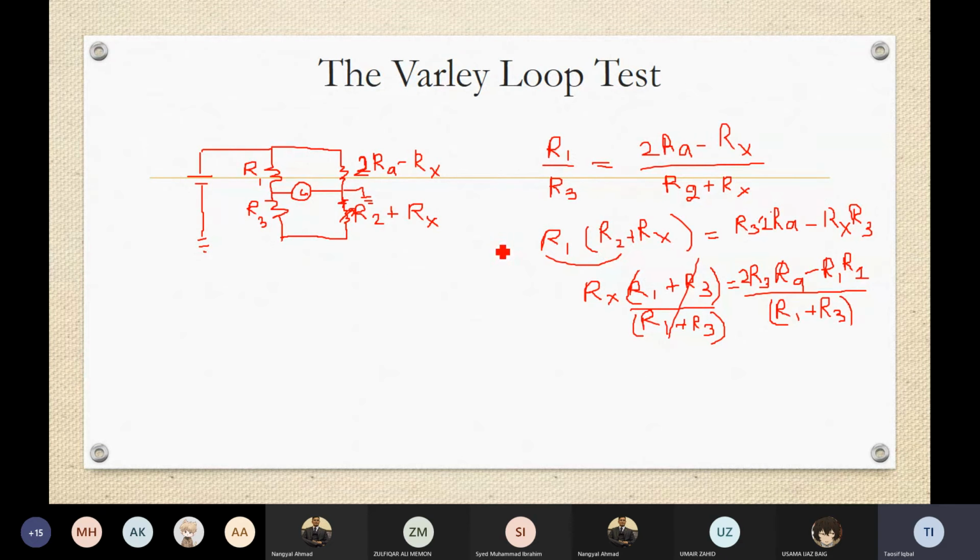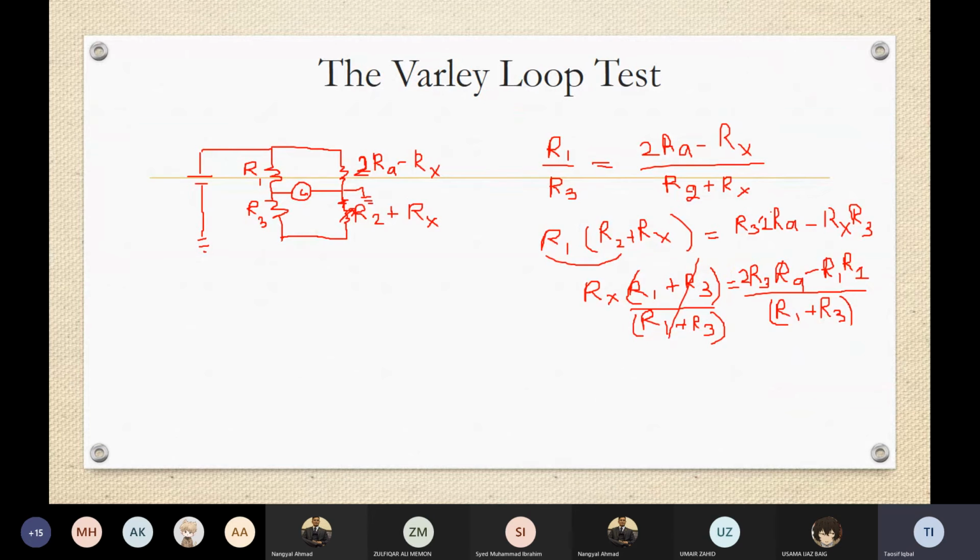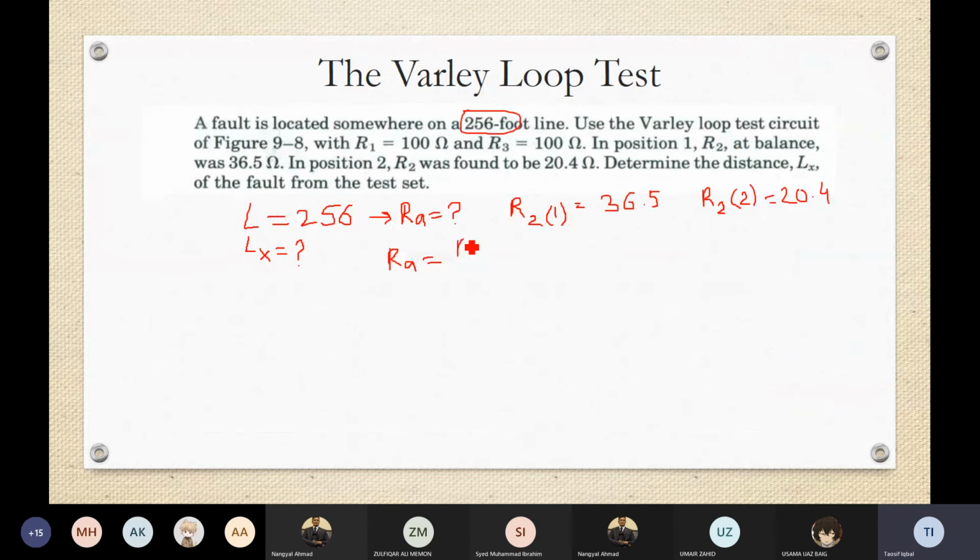So in our case, RA is R1 R2 divided by 2 R3. R1 R2, and we'll take the value when the switch is on position 1, divided by 2 R3.